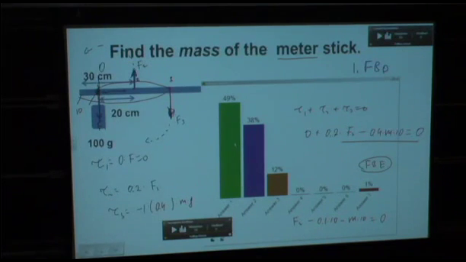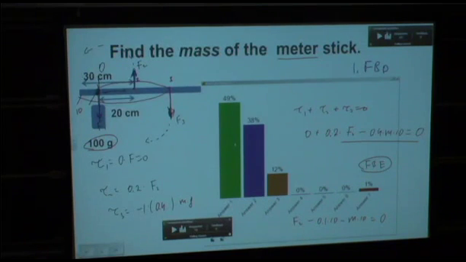Yes? 0.1, 100 grams converted into kilograms. I just did it automatically. And 10 is g.